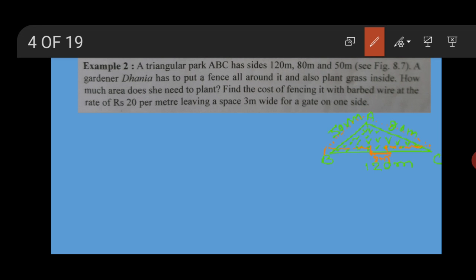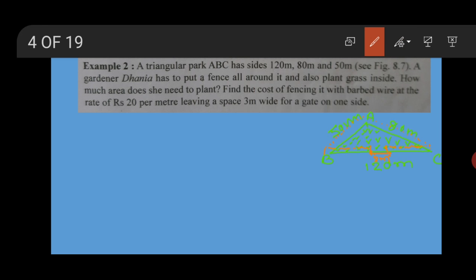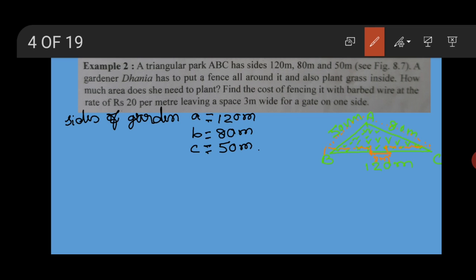First, we have to write the three sides. Therefore, sides of the triangular garden: a is equal to 120 meter, b is equal to 80 meter and c is equal to 50 meter. So, we can find the semi-perimeter also.